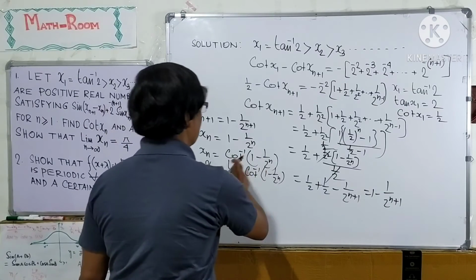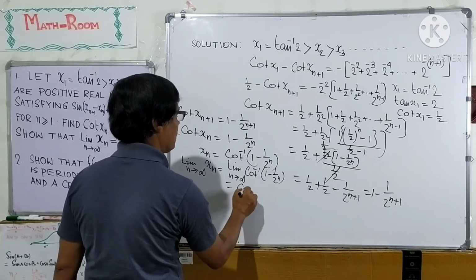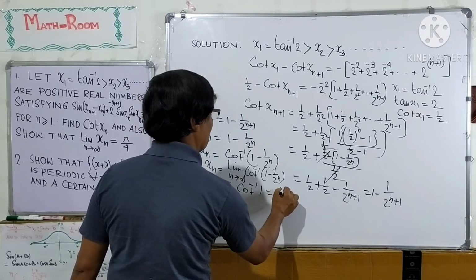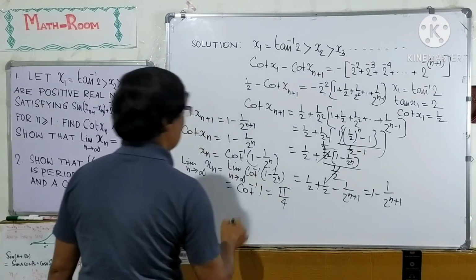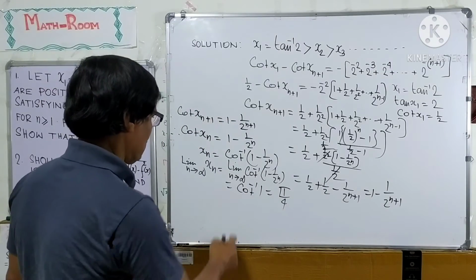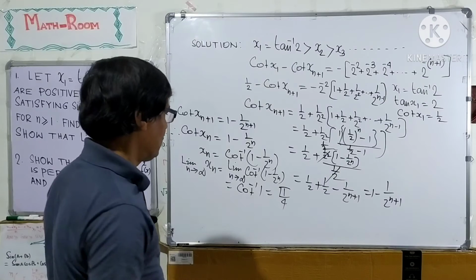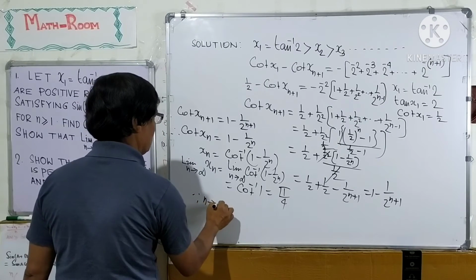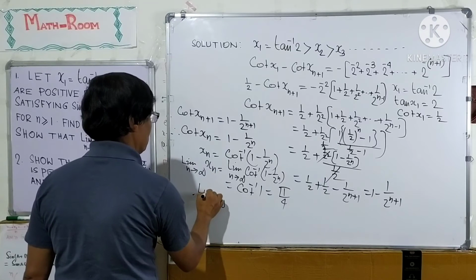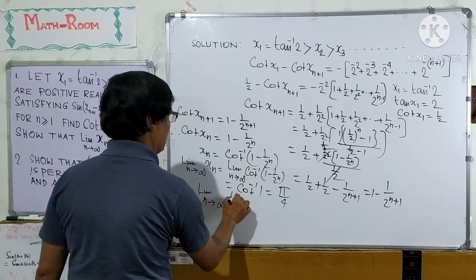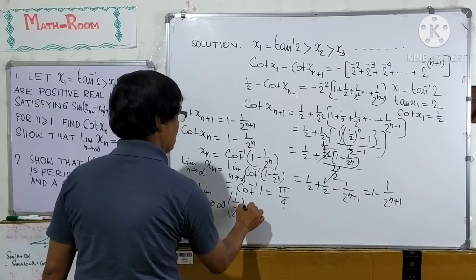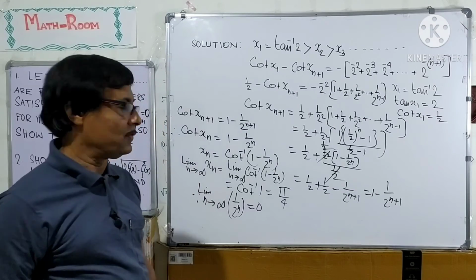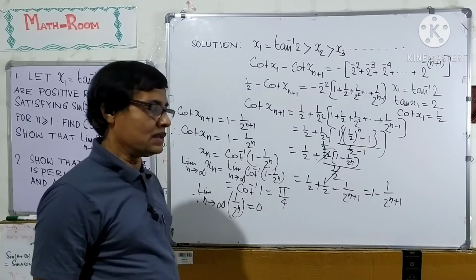So, this limit is cot inverse 1, that is pi over 4.